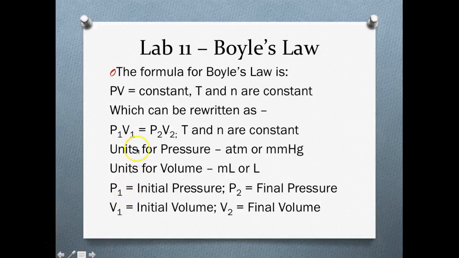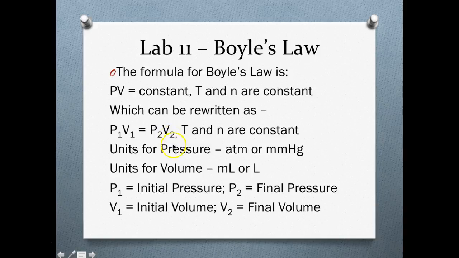The formula for Boyle's law is, if you multiply pressure and volume, you get a constant factor, and also make sure that the temperature and number of moles are constant. Boyle's law can be rewritten as P1 V1 = P2 V2.